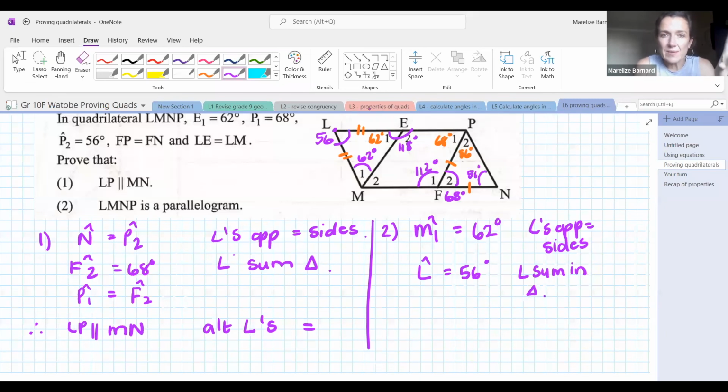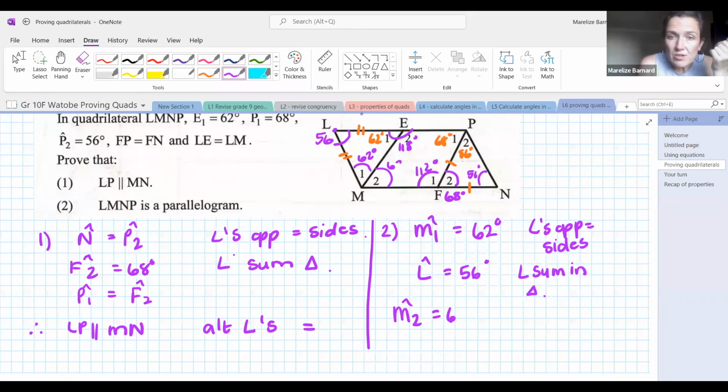So that gives me L equal to N. That's one pair checked. Now, how will we find M2? M2 we'll get by using co-interior angles. No, sorry, by using alternate angles.